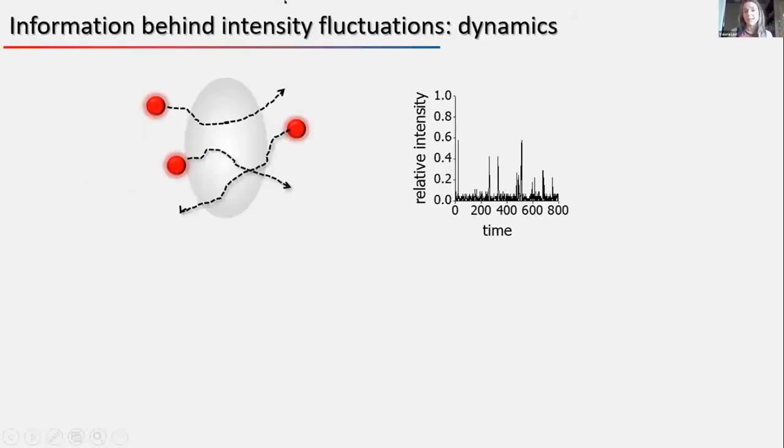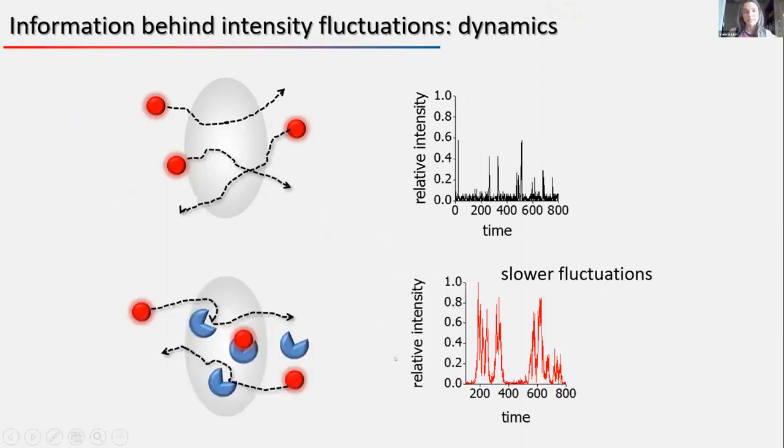So this is a simple case. You have molecules moving in and out, you get the fluctuation, but let's imagine that now what you have in there are, for example, target sites. So molecules will come into the observation volume. They have a probability of attaching to this target site. So they are going to stand there for a while until they move out. So now you can see that this fluctuation will contain information on how long the molecules stay attached to the binding site.